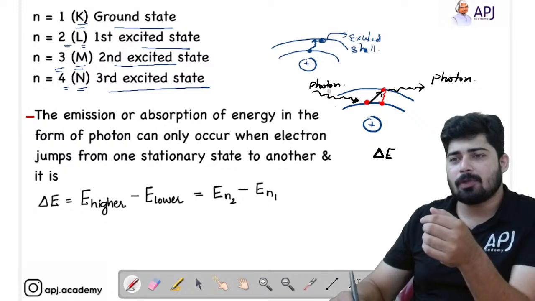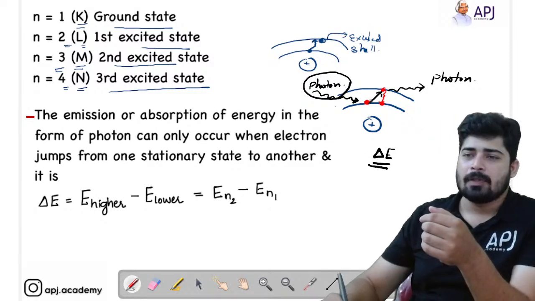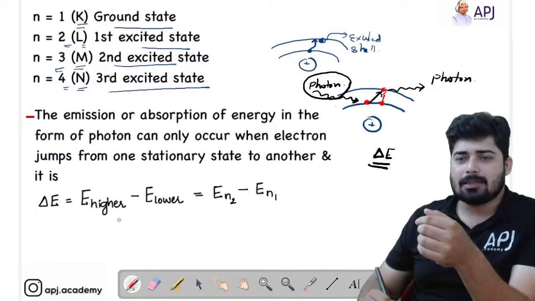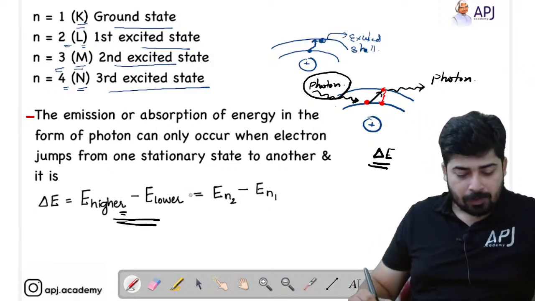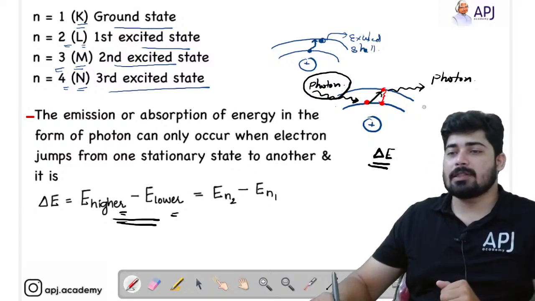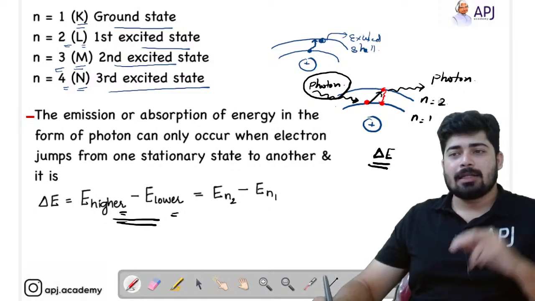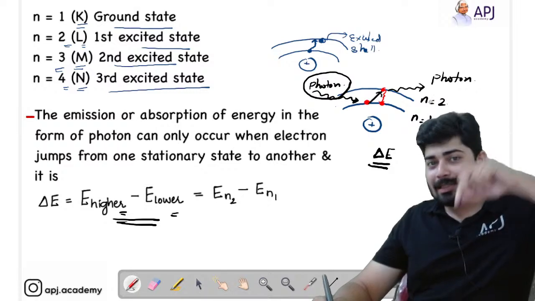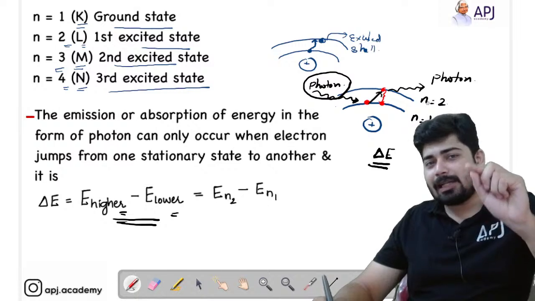So if it jumps from one energy shell to another energy shell, there will be a difference in energy, right? We have to calculate how much energy it requires to jump from one shell to another shell. That energy is called delta E. So in order to calculate delta E, this is the formula: E higher minus E lower. Higher means higher shell. We know that the higher shell has the higher energy. If this is n equal to 1 and this is n equal to 2, the second shell has more energy because it is away from the nucleus, and the first shell has less energy.